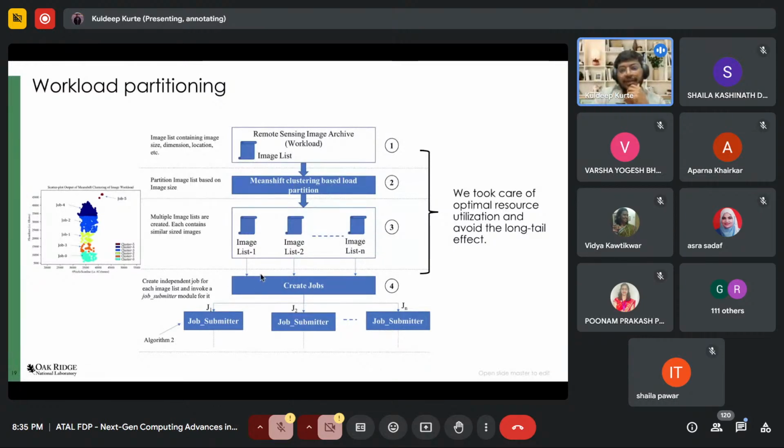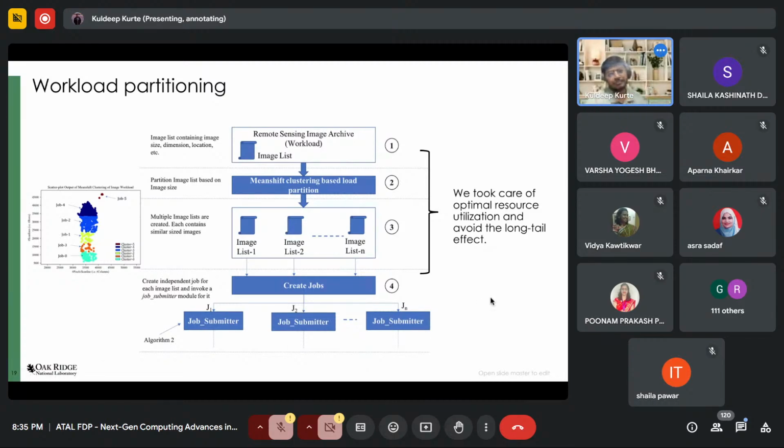That is what happens here, and more complex things will happen at the job submitter model. The one thing we tried to address at this stage was to make the workload balanced.